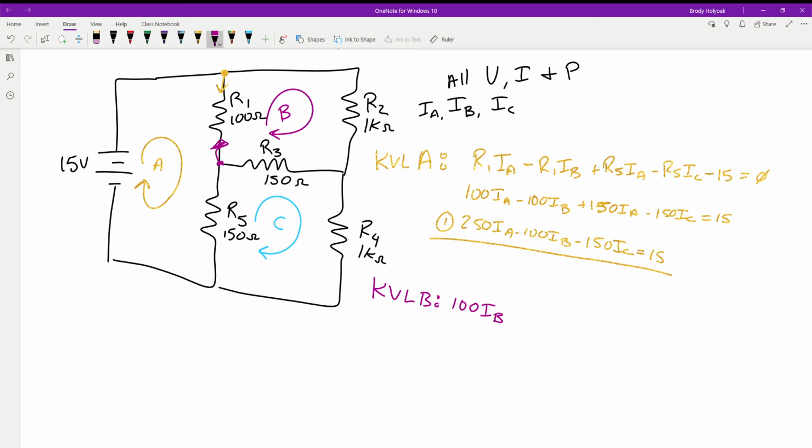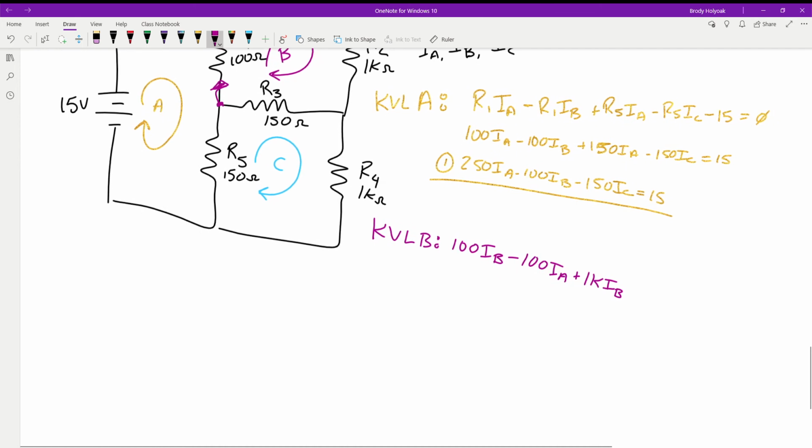Then we subtract 100 IA. The next one we run into is R2, which is 1000, so plus 1K IB, and that's the only thing going through R2. Then we come back around and run into R3: plus 150 IB minus 150 IC, all equal to 0.